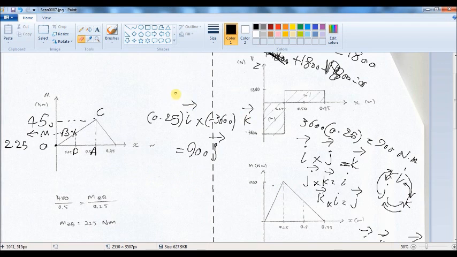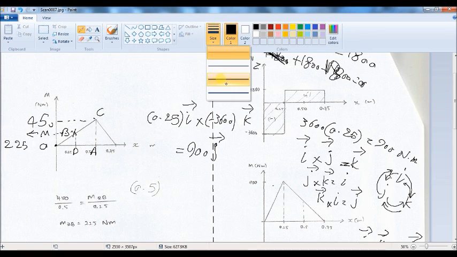Okay, next, let me write the next one. In the next we have 1,000, sorry, here the area is 0.5. Let me change the tool. Okay, 0.5 meter times 1,800. This time is okay.